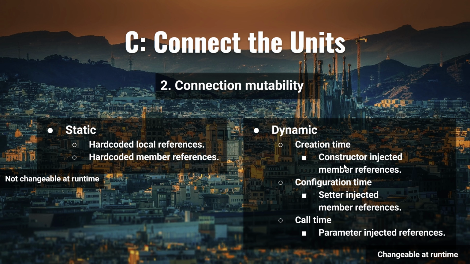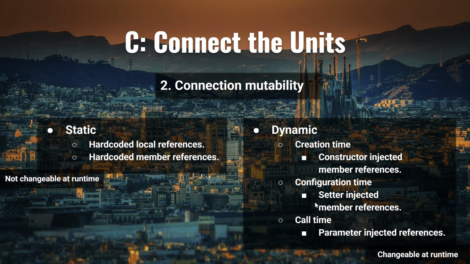The second dynamic mutable connection method that you can use is configuration time mutability. And that basically means that you can change the connection from one class to another class at some point after that object has been created and before you use it.